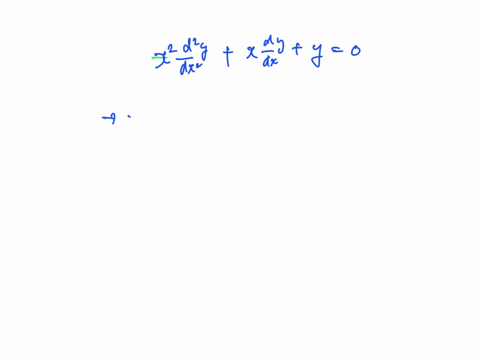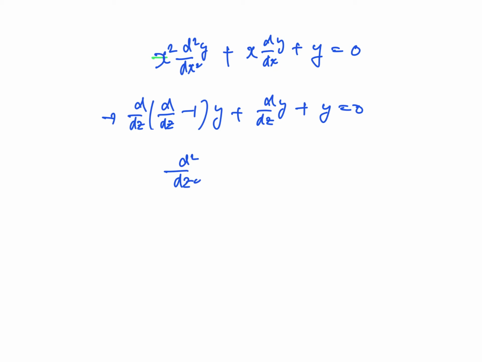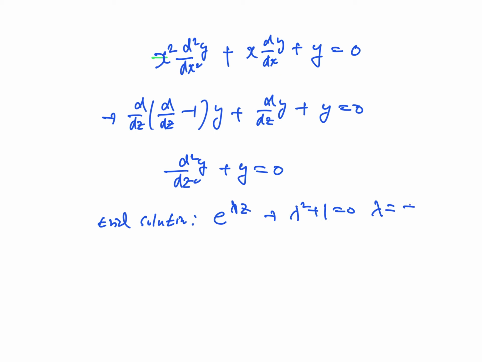So d/dz(d/dz − 1)y + dy/dz + y is equal to 0. That is d²y/dz² + y is equal to 0. So we can take a trial solution as exponential lambda z. Lambda² + 1 is 0. Lambda is plus or minus i, right?